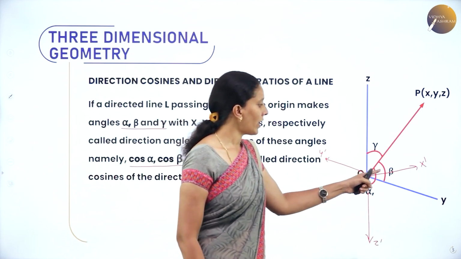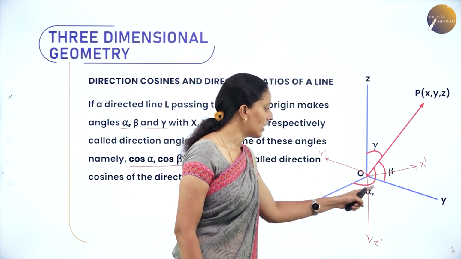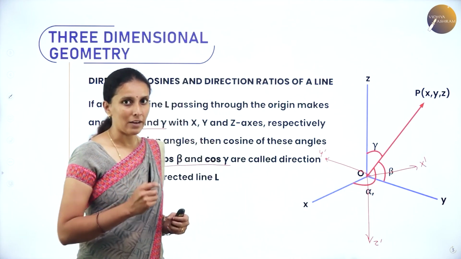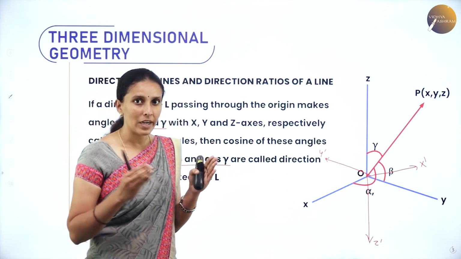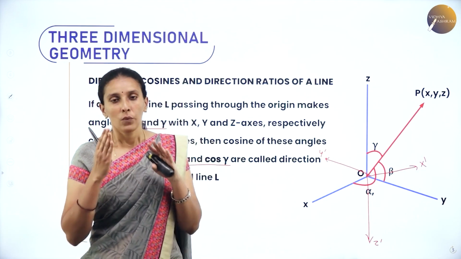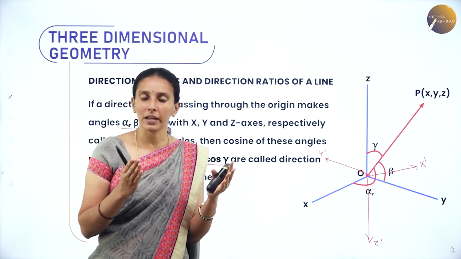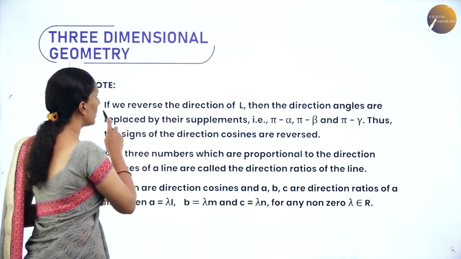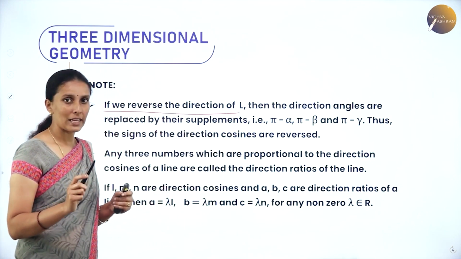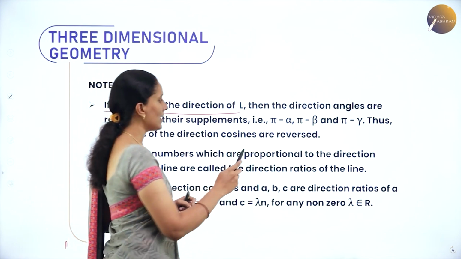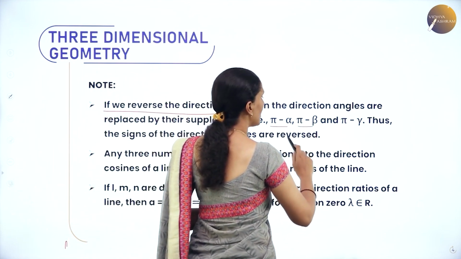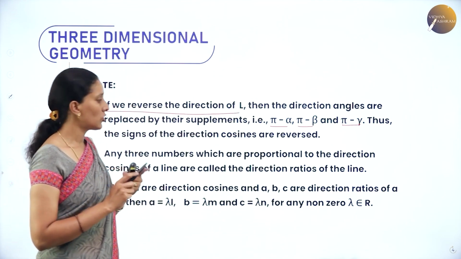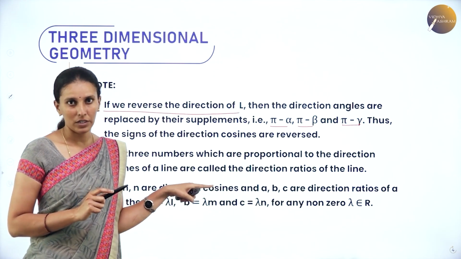So if we want to find out the angle created here, then it is always exactly 180 or pi minus alpha. So we know that when we have a straight line, when a ray intersects it, one angle is alpha, then the other may be considered as pi minus alpha. Similarly, when we reverse the direction cosines of the line L, the angles may be taken as pi minus alpha, pi minus beta and pi minus gamma. Thus, the signs of the direction cosines can be reversed.